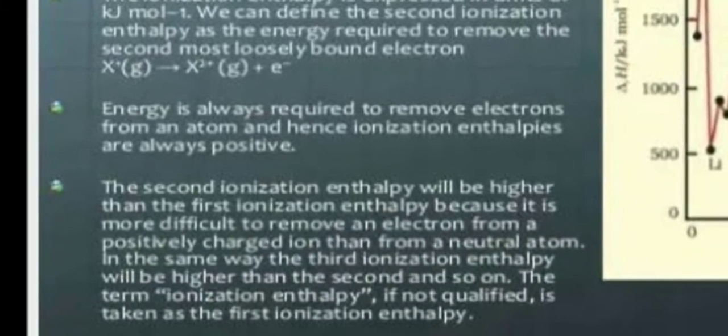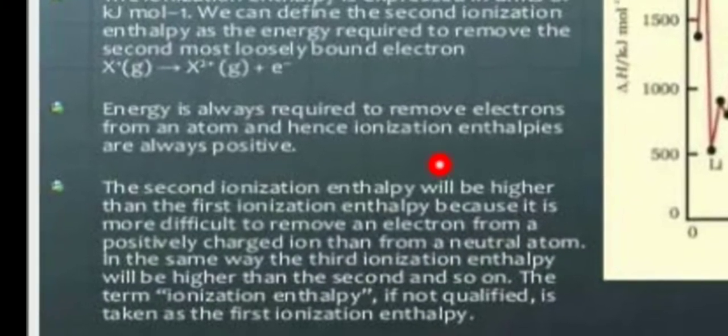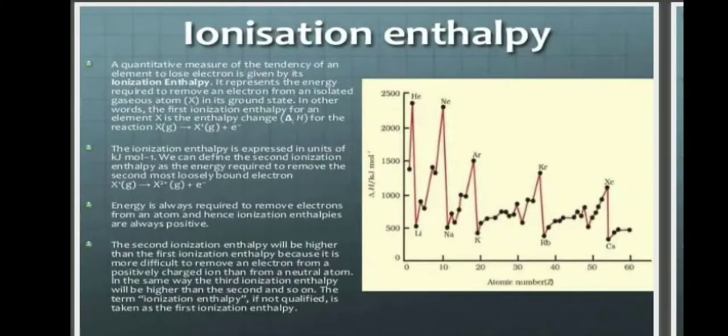The second ionization enthalpy will be higher than the first because it is more difficult to remove an electron from a positively charged ion than from a neutral atom. In the same way, the third will be higher than the second and so on. The term ionization enthalpy, if not qualified, is taken as the first ionization enthalpy.